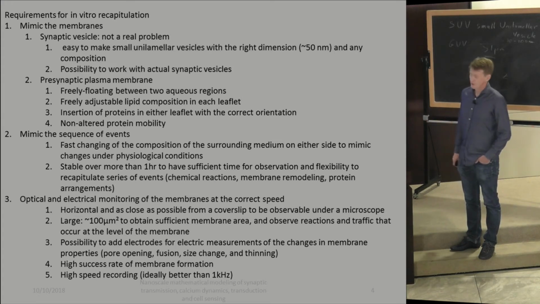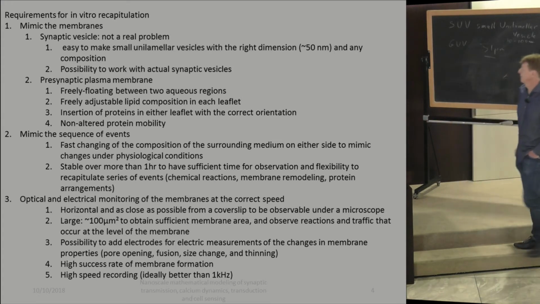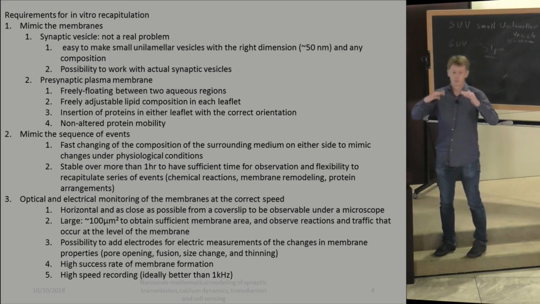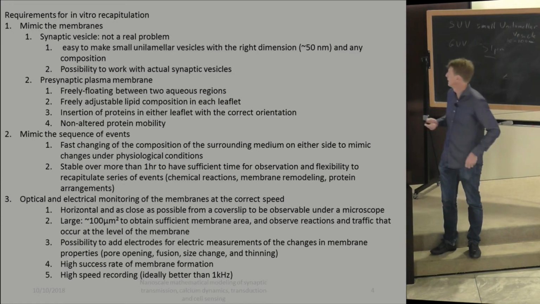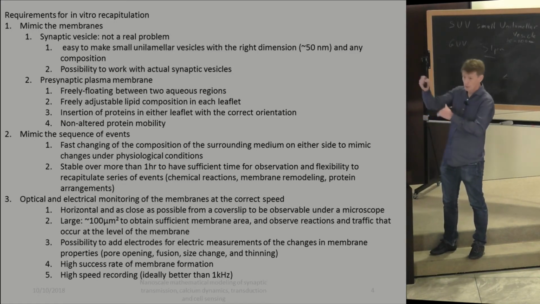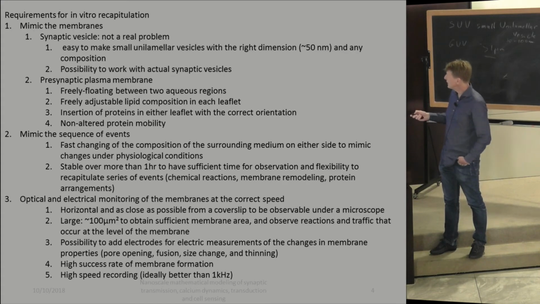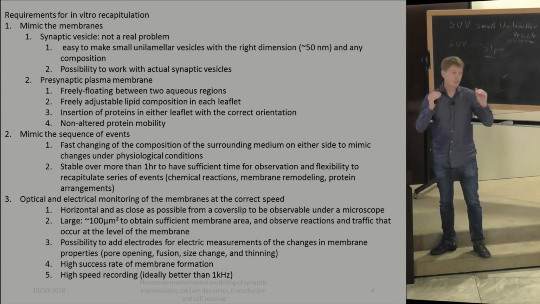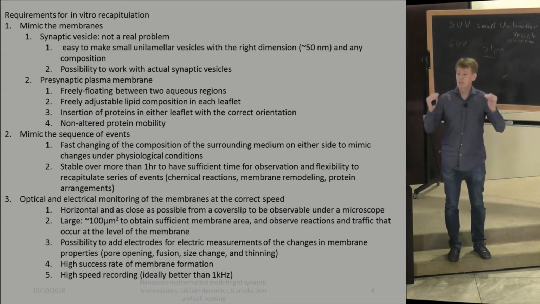How do we mimic the presynaptic plasma membrane? We want it to be freely floating, like a membrane, meaning there's no substrate above or below, between two aqueous regions. We would like to have it freely adjustable in terms of lipid composition and protein composition on either side of the membrane.